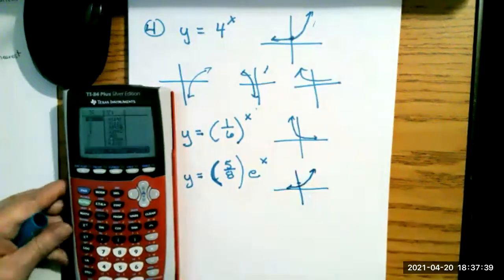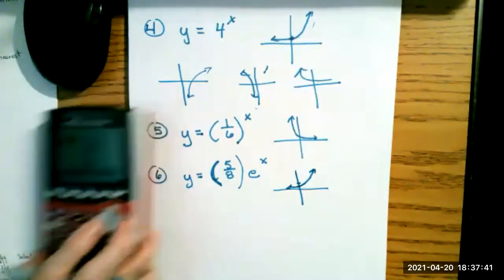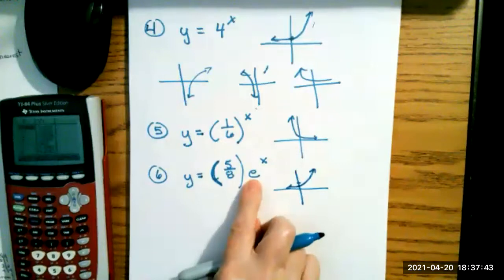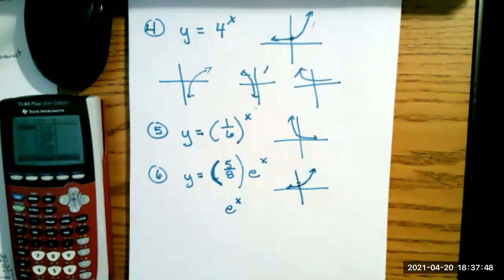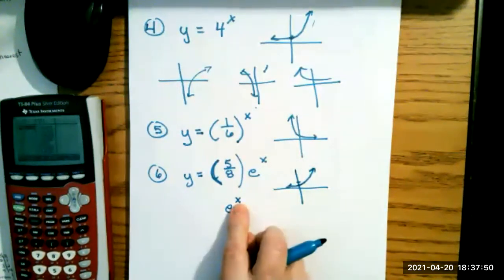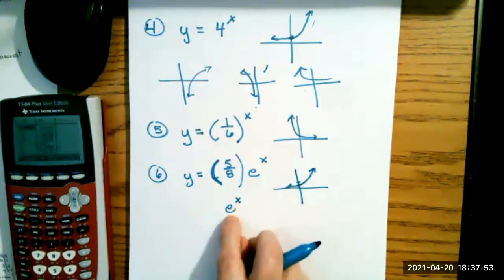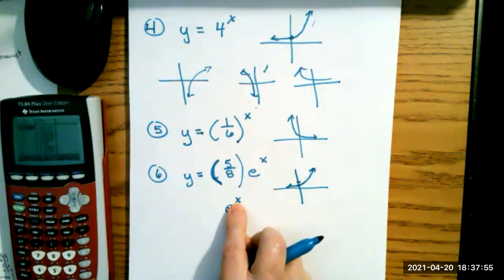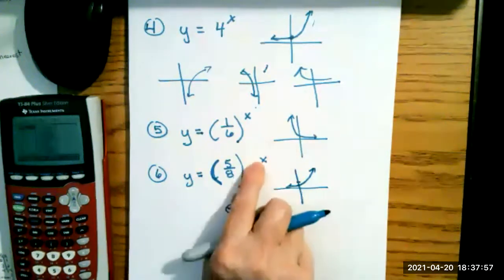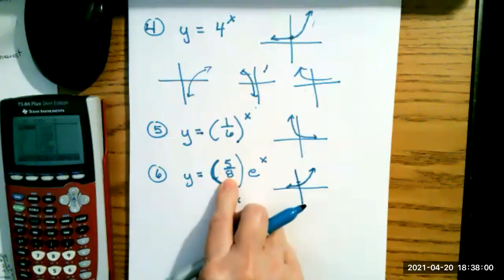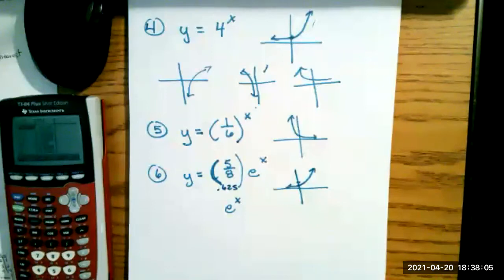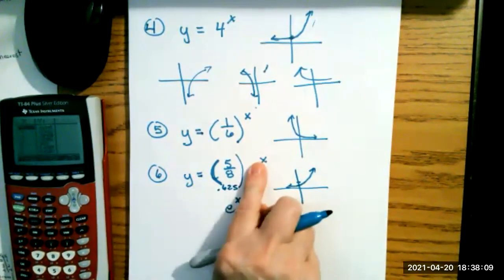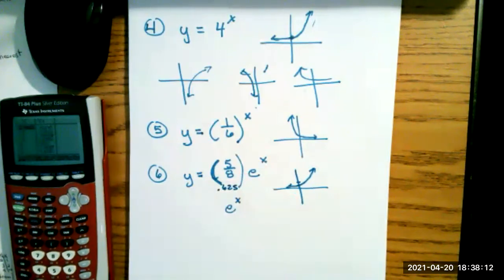Why does that happen? Because the e makes it turn into a decimal? No. If I just had e to the x, it would go through 0, 1, because if I put a 0 in here for x, e to the 0 power is going to be 1. But because you're multiplying it by 5/8, and 5/8 is 0.625, that's why it ends up going through 0.625, because this would be 1 times 0.625.